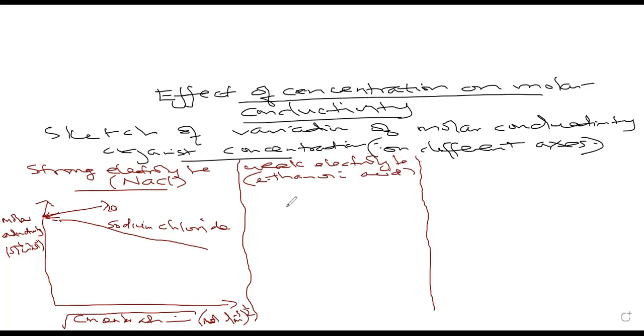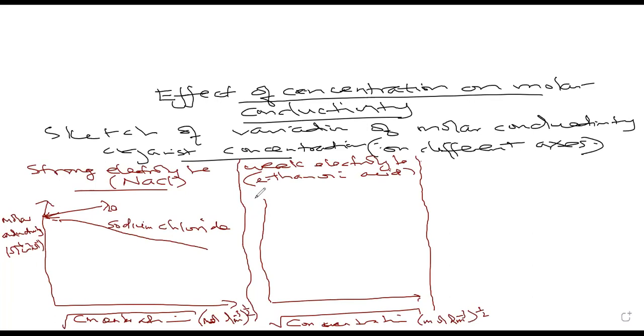If you have a weak electrolyte like ethanoic acid, I will not write the words molar conductivity again because of space, but still it will be a plot of molar conductivity against square root of concentration. If you're told to plot that graph, it usually comes out as the graph we are seeing here. This is moles per liter power half. This graph comes out as a very good smooth curve that doesn't touch the axis anywhere.